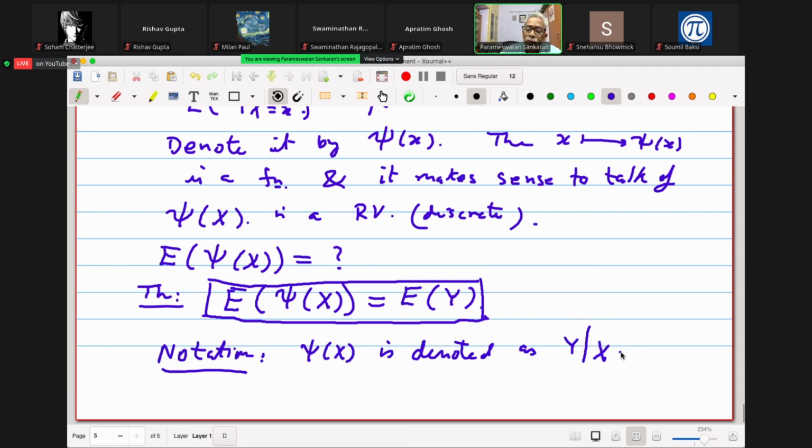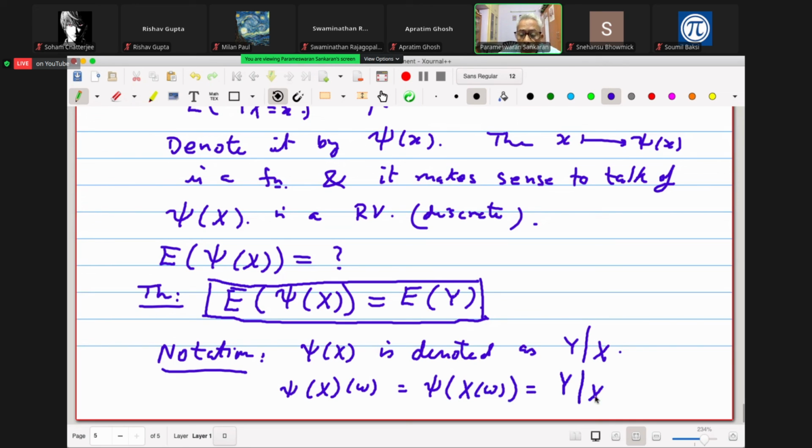Makes sense, right? Because the moment you plug in an omega here, what is psi of X at omega? This is equal to, by definition, X of omega, which is just a real number.